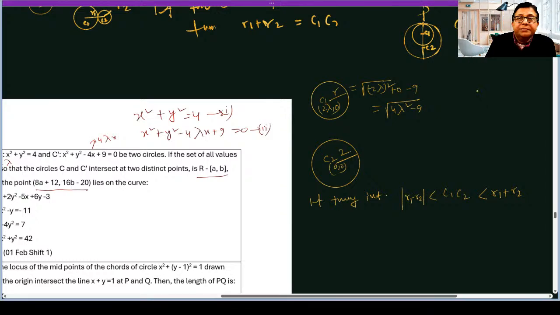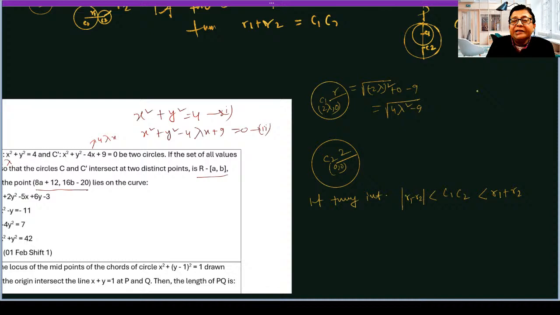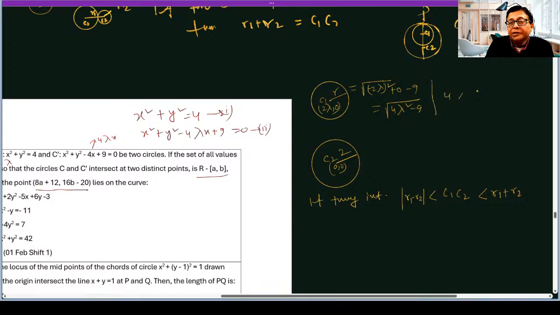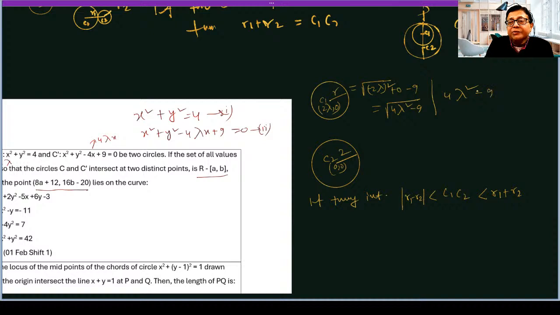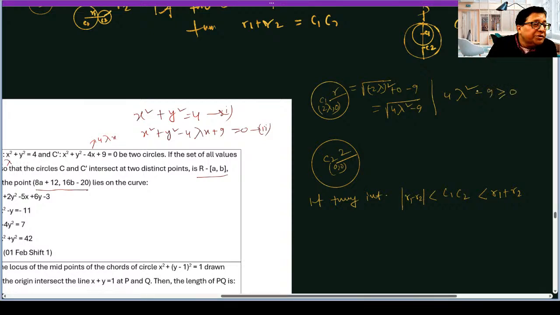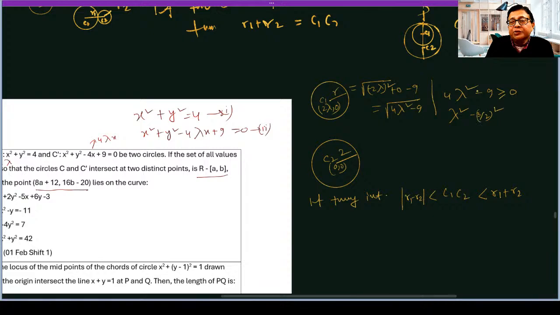Now, this thing will be a radius under what condition? One condition we are getting from there only. Since this one is radius, 4 lambda square minus 9 should be greater than or equal to 0, or lambda square minus (3 by 2) whole square.